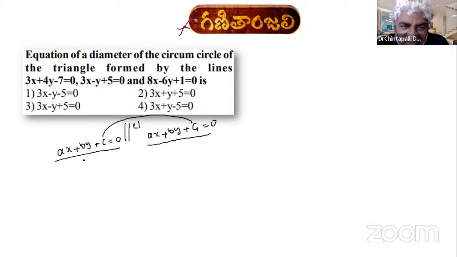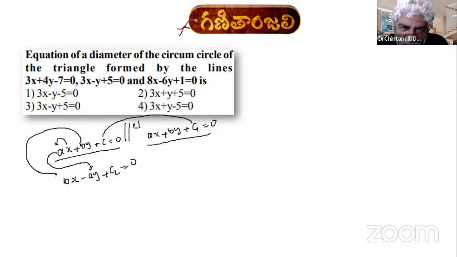Now I am showing a different line, that is bx minus ay plus c2 is equal to 0. See, actually the coefficient of x is a. That x coefficient has become the y coefficient, and the y coefficient has become the x coefficient, and the middle sign is changed from plus to minus.